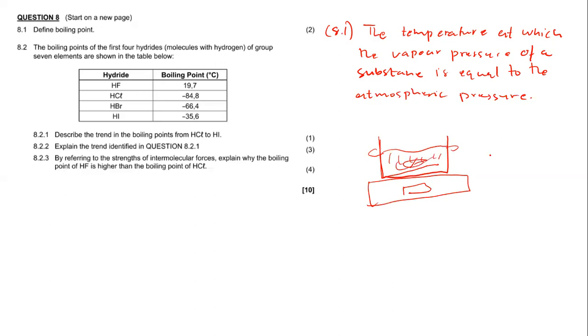Now, when you boil water, what do you expect to happen with this water? You expect it to boil, right? But now we have what you call the vapor pressure.